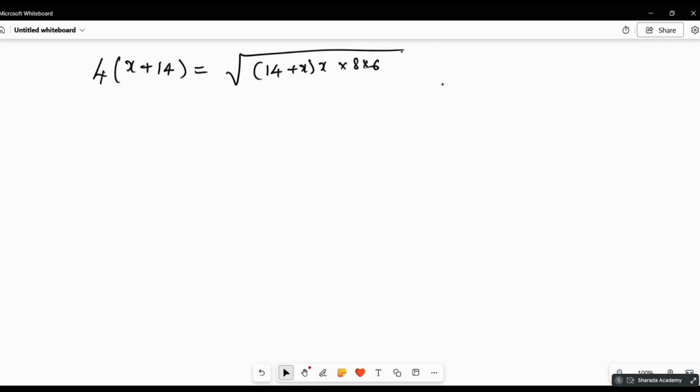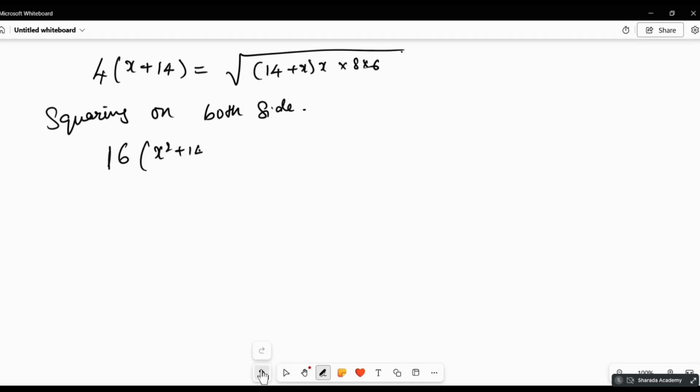So squaring on both sides, what you will get? 4 square is 16. 16 into x plus 14 whole square, is equal to 14 plus x into 8 into 6. x plus 14 and x plus 14 I can cancel now.